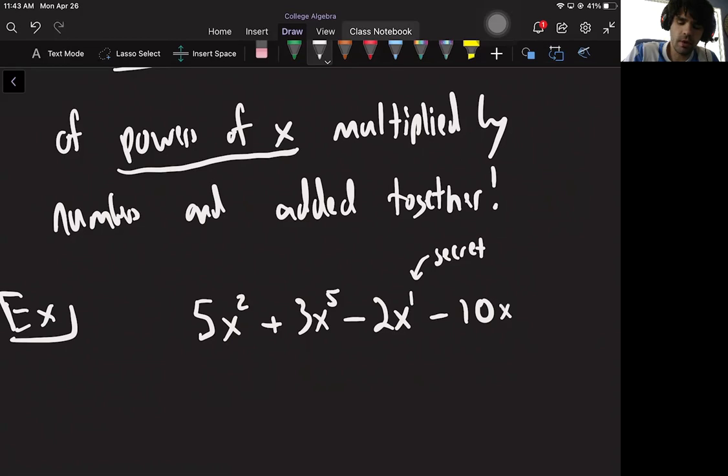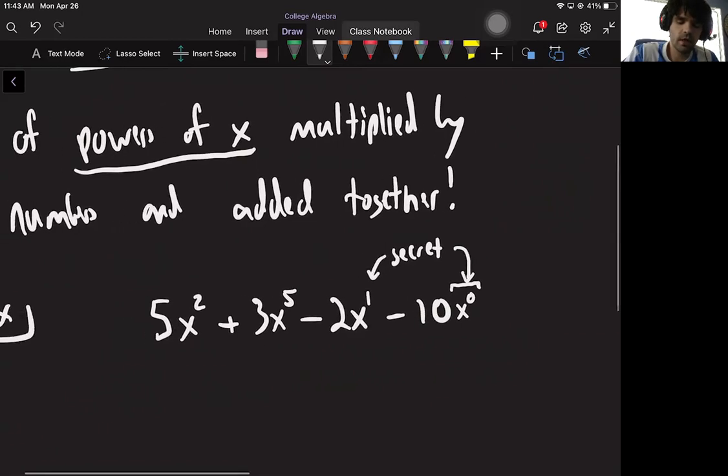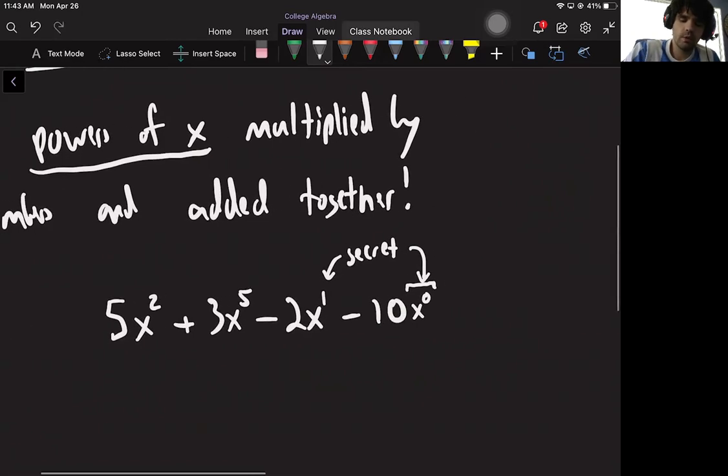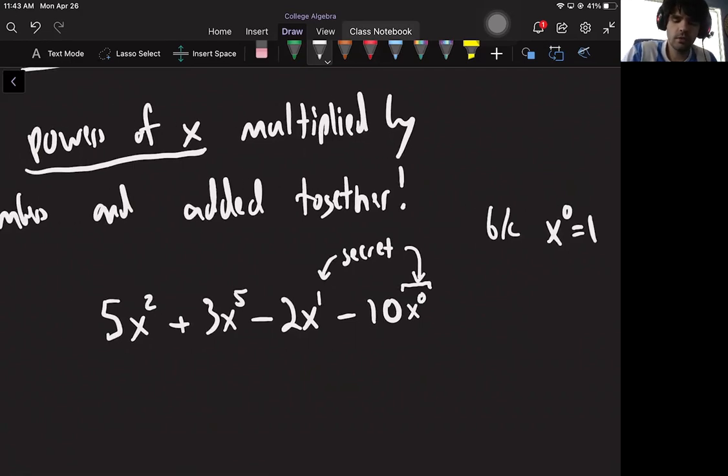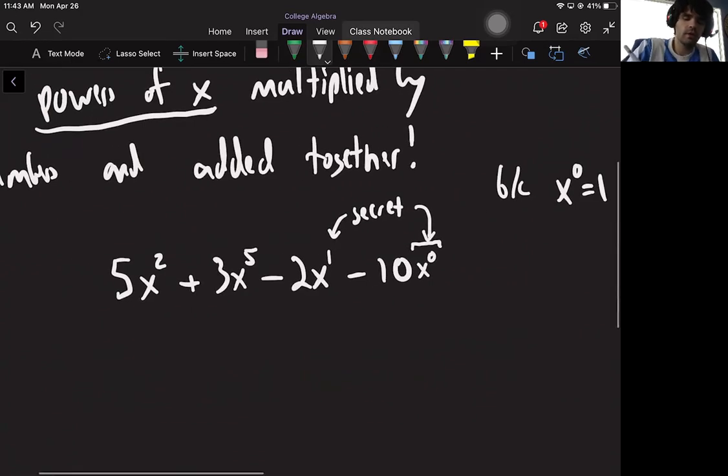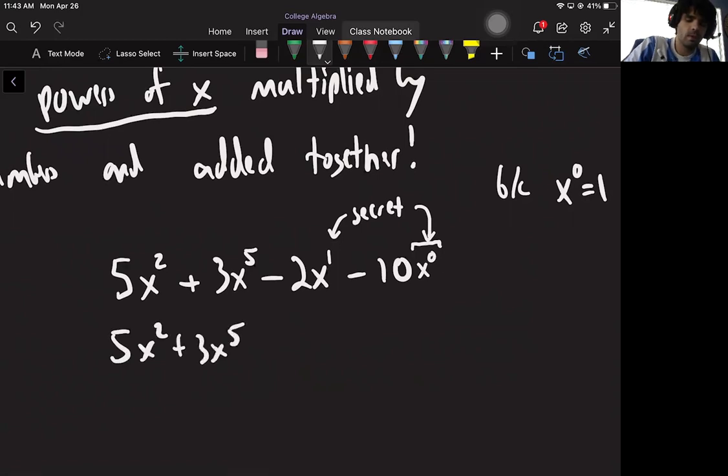It's just 0 powers of x. You don't tell anybody, but it's there. You just don't write it. It's because anything to the 0 power is just 1 anyway. So that just becomes negative 10 times 1, which is negative 10. So you would never write those secret things. Let me just rewrite it one more time. You would just write it like this, and this is a polynomial.